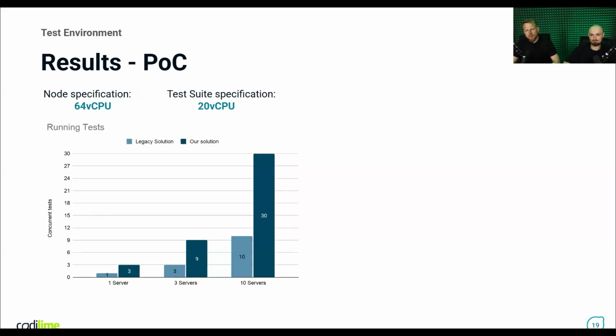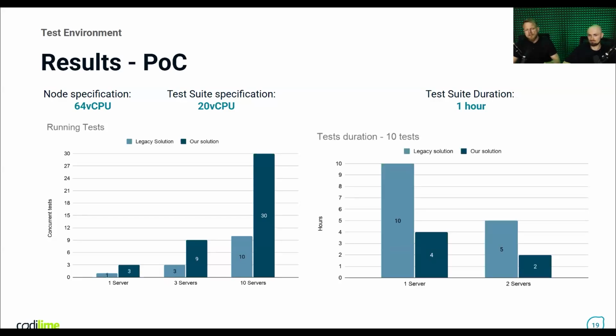For example, on a single server, we go from one test to 3 tests running at the same time, and on 10 servers, we scale up to 30 concurrent tests. Now, each test takes about 1 hour to complete. Looking at the total execution time on the right, we see a clear improvement.